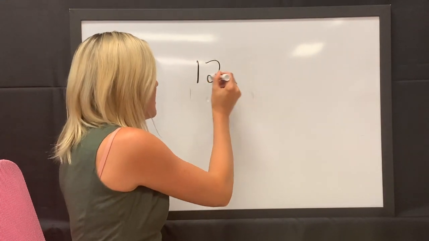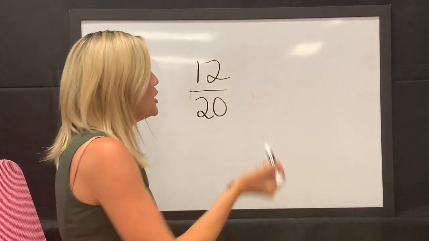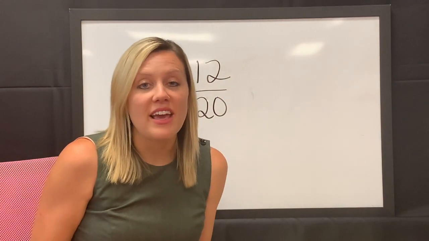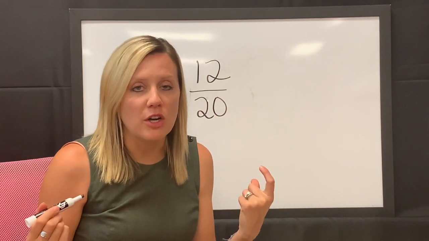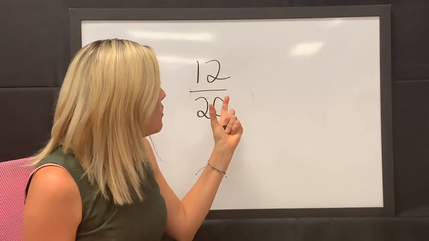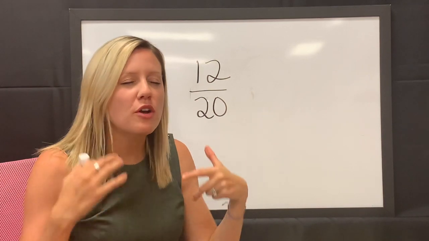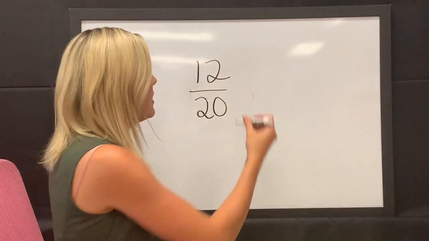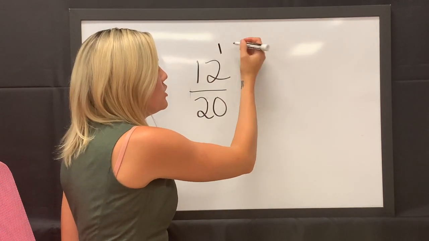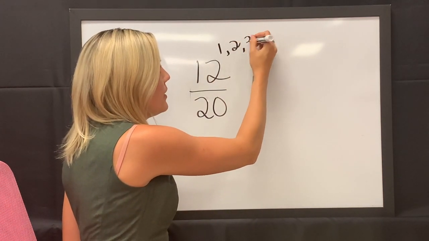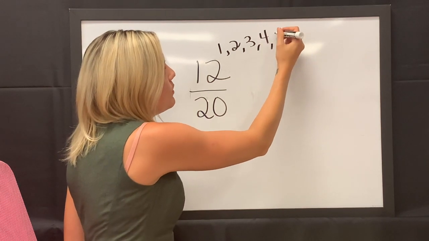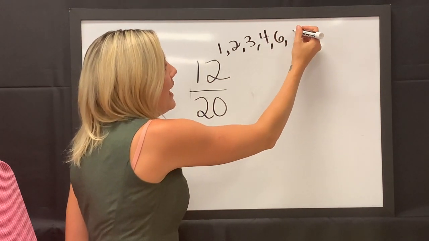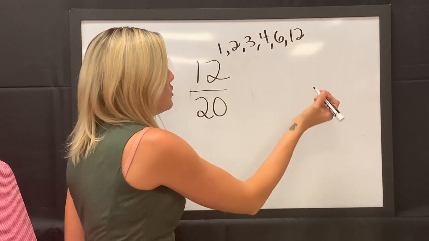Let's do another one. Let's do 12/20. So I want you to try and think, what is the biggest number that goes into 12 and 20? So if you're thinking of all the facts and you know your math facts, you would think, well, 1 goes into 12, 2 goes into 12, 3 goes into 12, 4 goes into 12, 6 goes into 12, and 12 goes into 12.